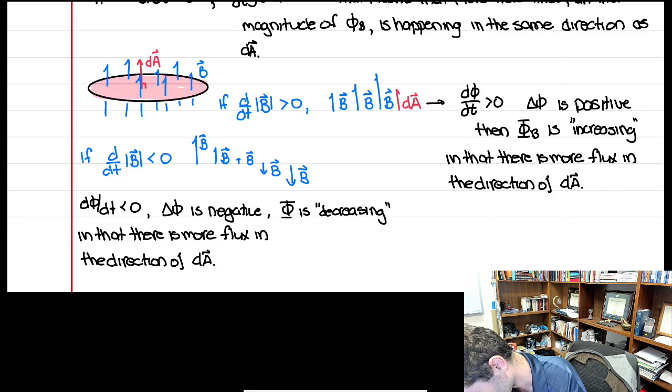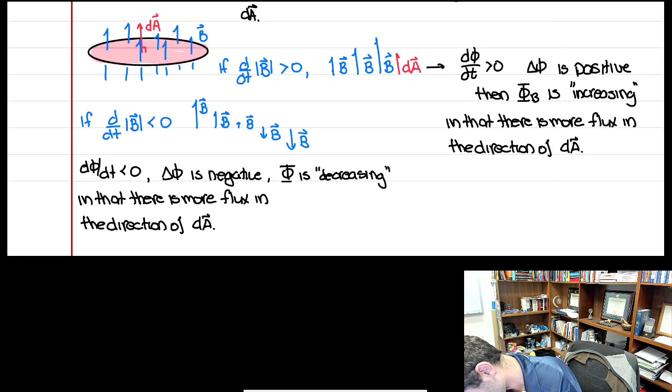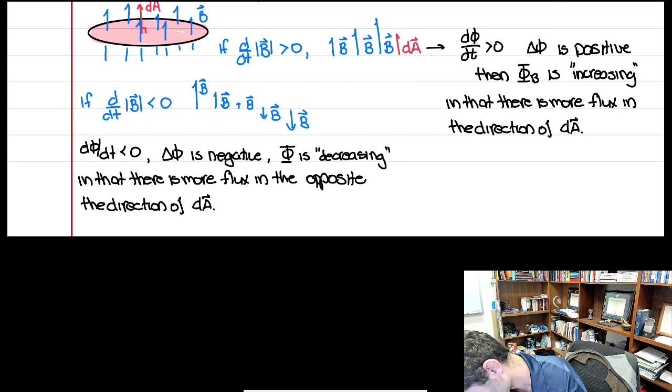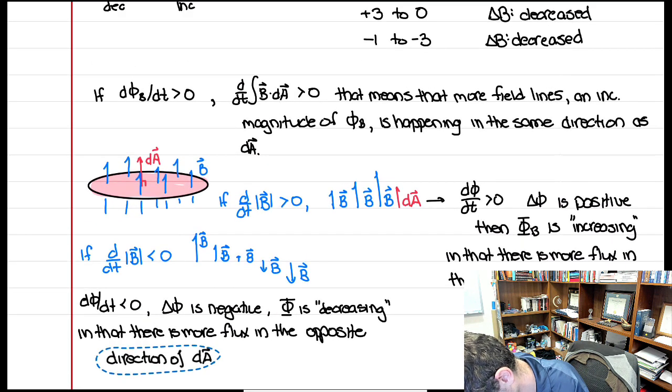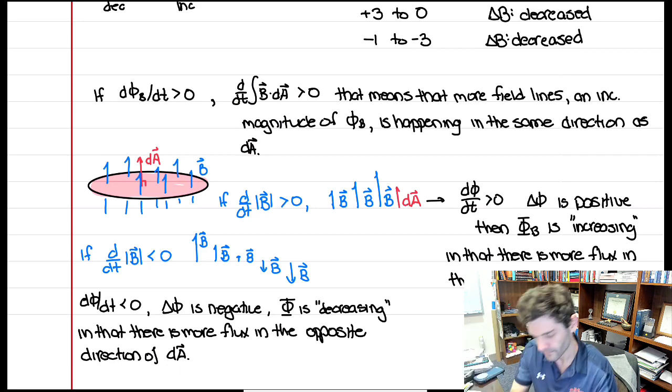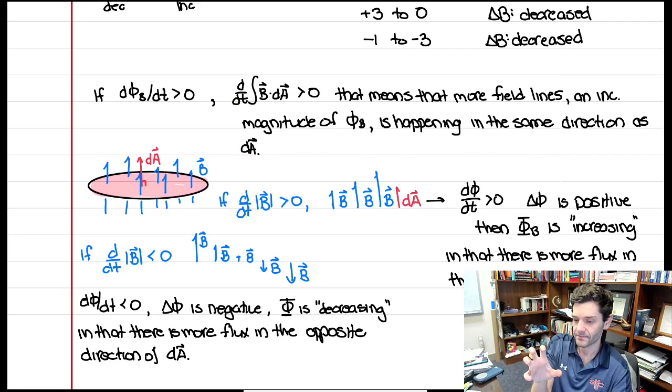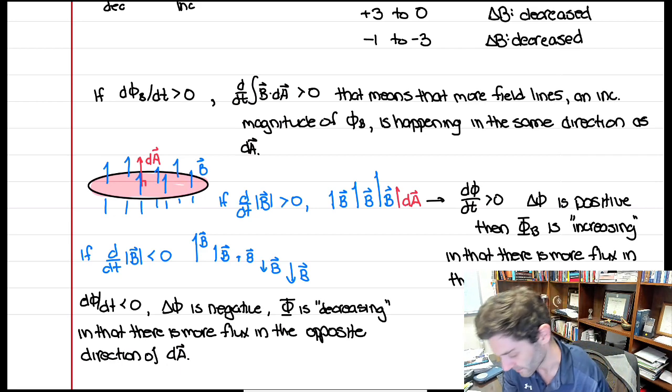I'll just alter this: more flux in the opposite direction of dA, or it's anti-parallel. These are examples of how this can appear, so that we don't get it confused.